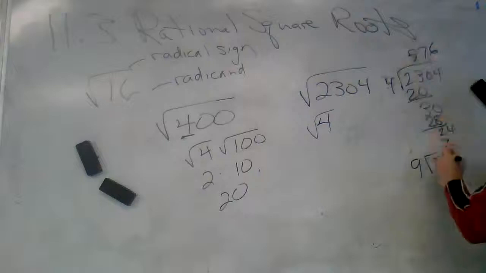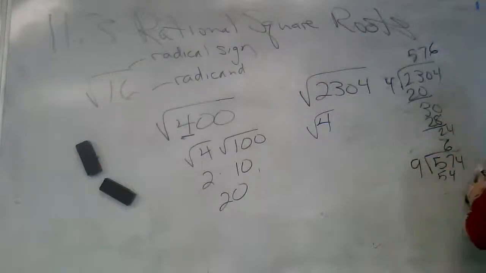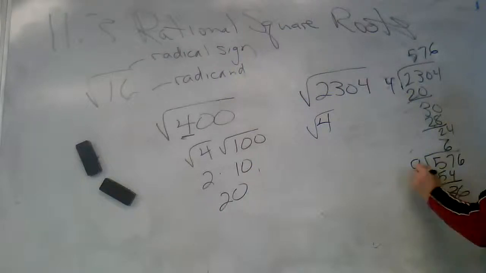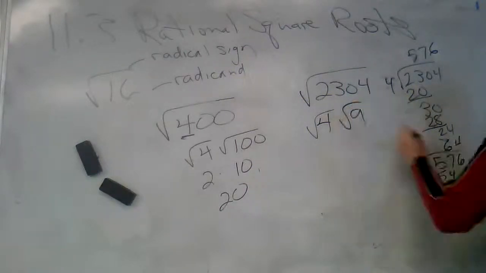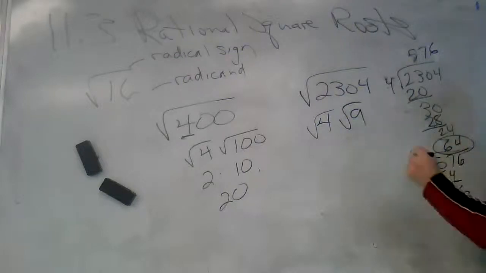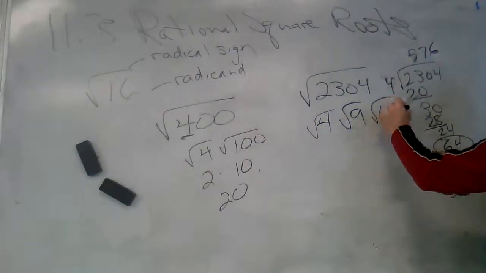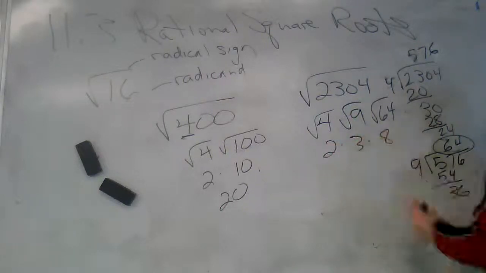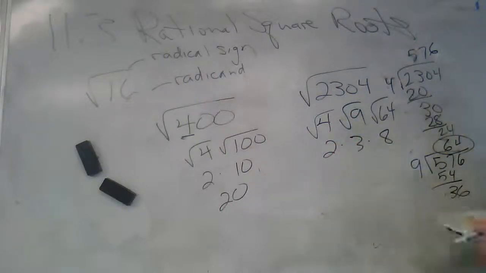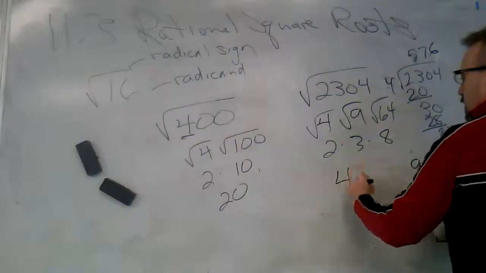That's 6. Okay, that works. So we get 36, 9 goes in there 4 times. Now, what are we left with? 64, is that a square? So we could get 2, 3 times 8, 2 times 3 times 8 is 48.